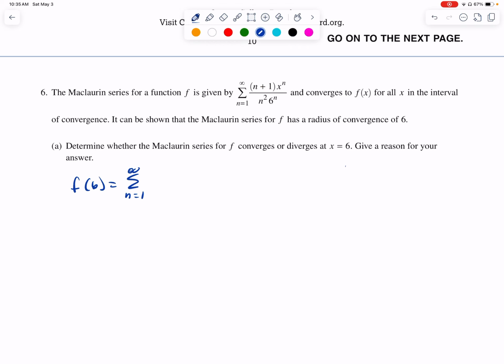So n plus 1 stays, but this x becomes a 6 to the n over n squared 6 to the n. Look at that. Get out your cancellation crayon because these things go away. And this is going to reduce to the sum n equals 1 to infinity, just like before, n plus 1 over just n squared. There you go.